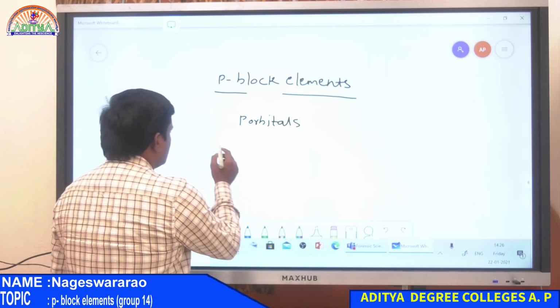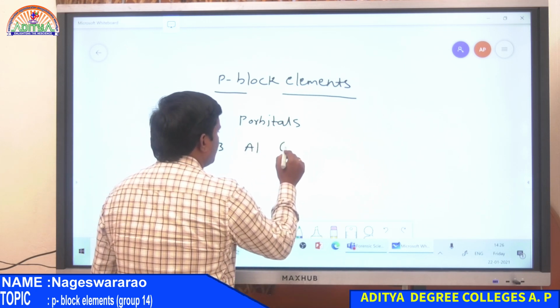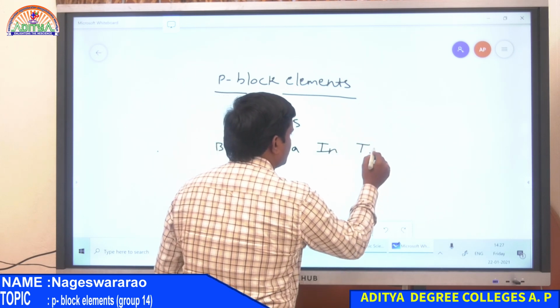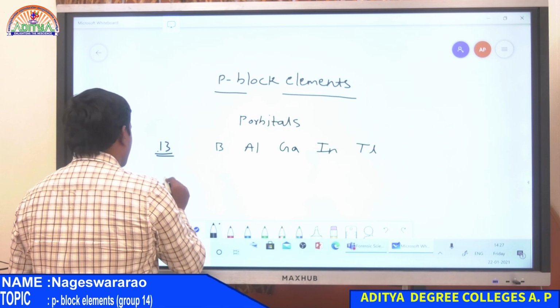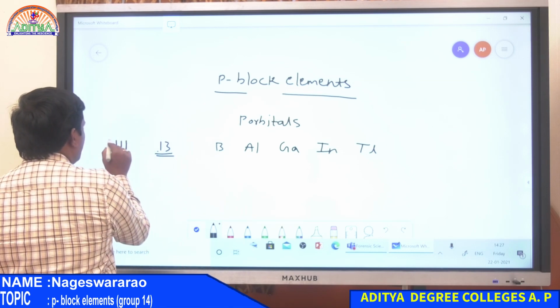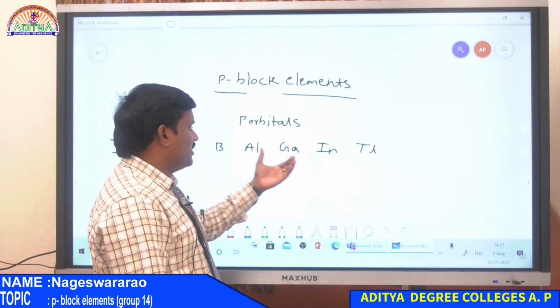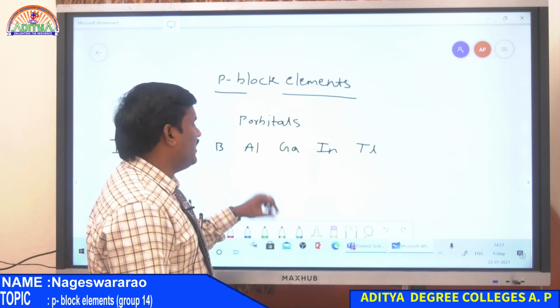For example, boron, aluminum, gallium, indium and thallium. This is the 13th group, also known as the third A group. All these are 13th group elements, in which the last electron enters into p orbital.